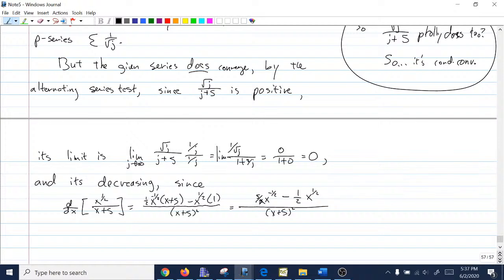How do I know this is negative? Because the x to the negative 1/2 term approaches 0. That's small and that's big.